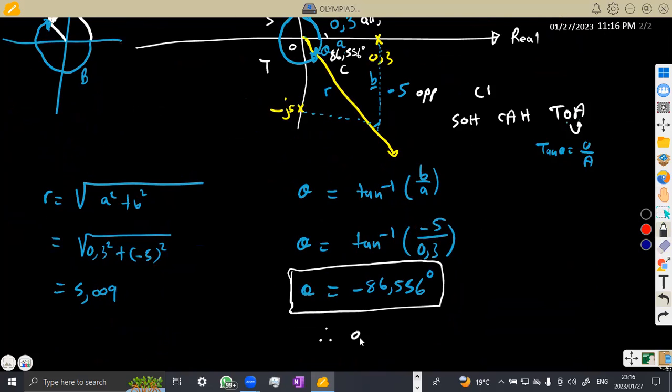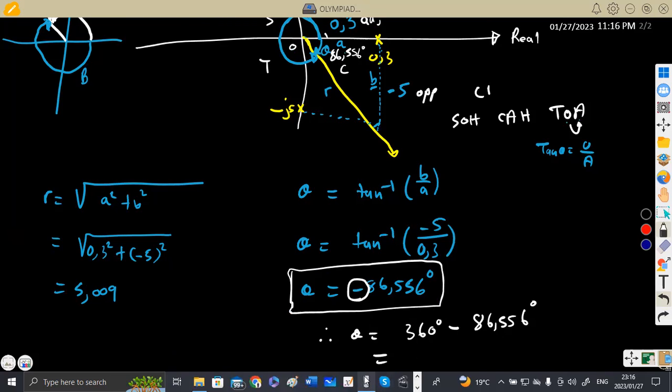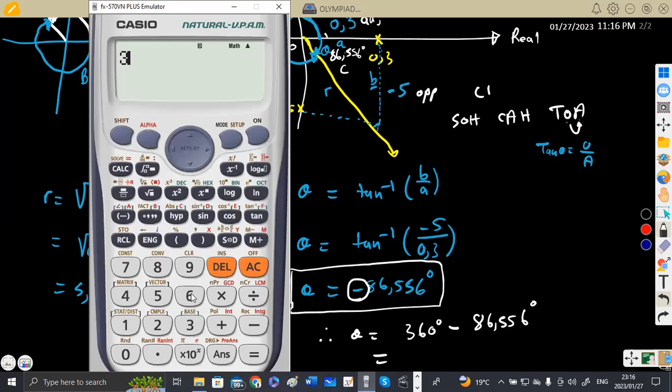So therefore, our theta is going to be 360 degrees minus the 86.556, which was taken in the clockwise direction and gave us a negative value. So this is going to be a positive value, which is the same as the answer that we had before.